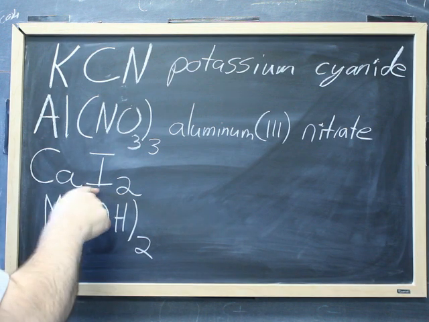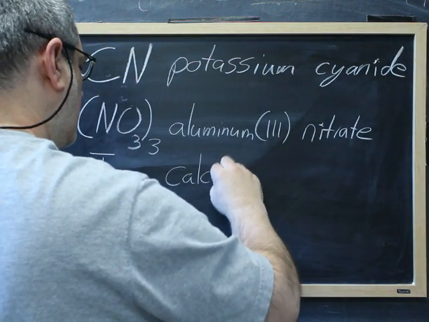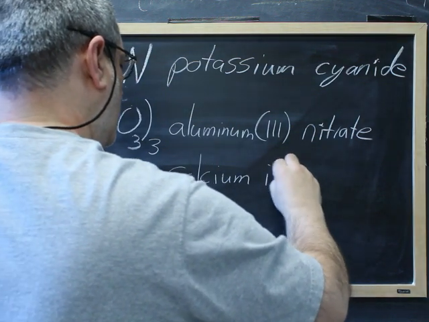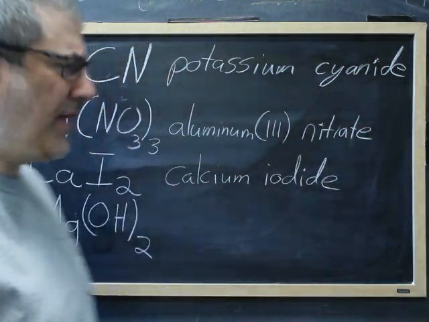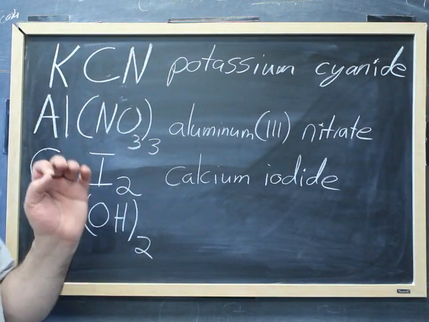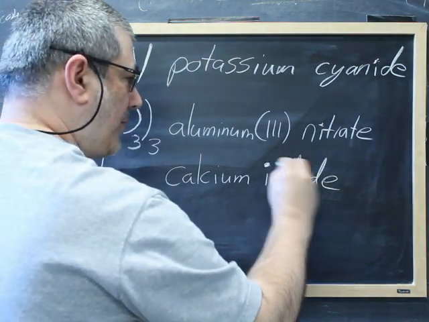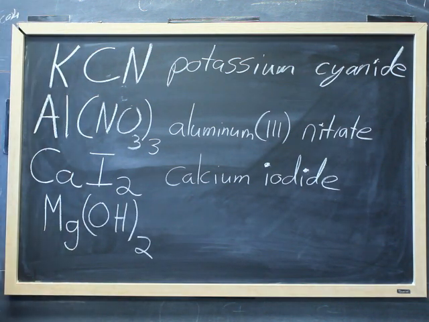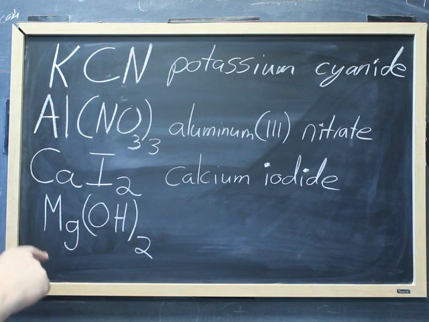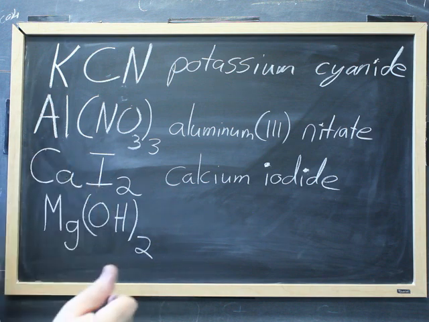CaI2, calcium iodide. Iodide. I think I said that more like iodine. So iodine becomes iodide. You have to be careful when you say this to make sure you pronounce it correctly. Again, with the halogens, we would expect iodine, I2, to form a -1 charge.